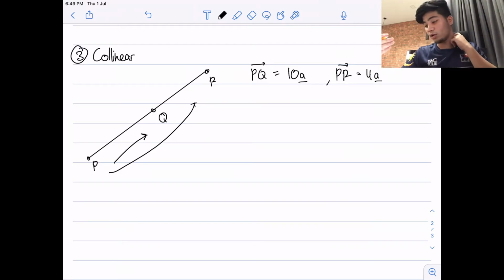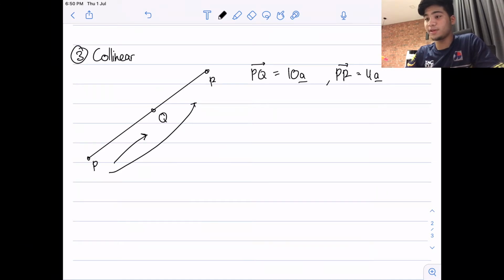So let's say that you already have these two vectors, right? The way you prove P, Q and R are collinear is by proving that they are parallel and they share the same common point. So usually we answer this by giving a statement and I'll show that.